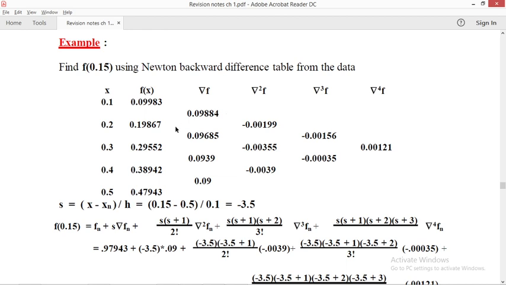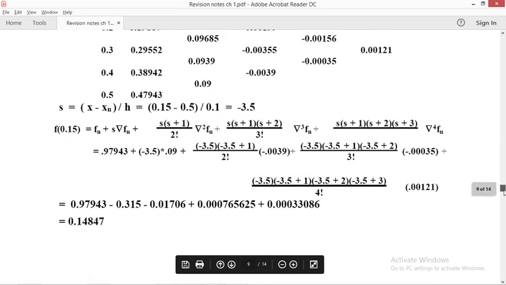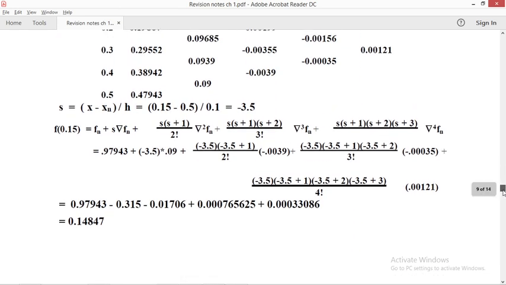So again the difference is the same. 0.19867 minus 0.09983 will be giving me 0.09884. 0.29552 minus 0.19867 will give me 0.09685. The table is similar to the previous method. The only difference over here is in the formula. We put the values in the formula and get the answer.